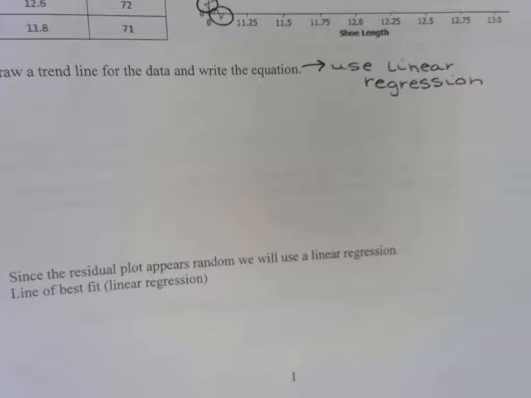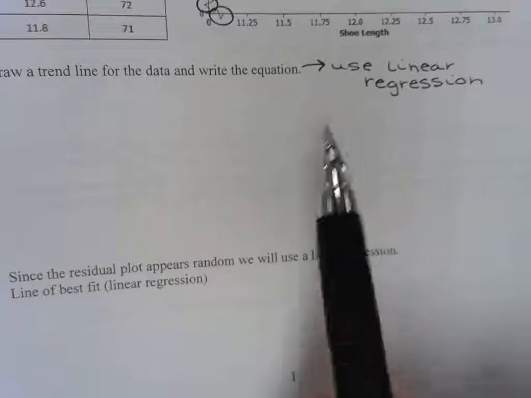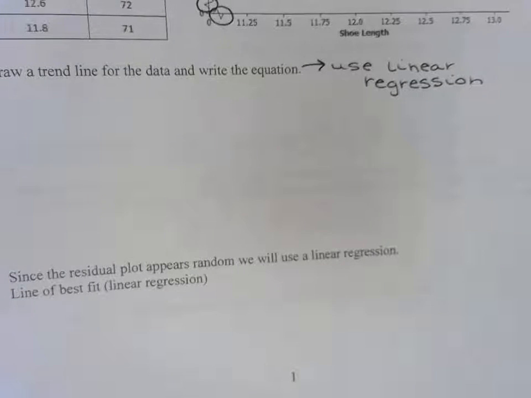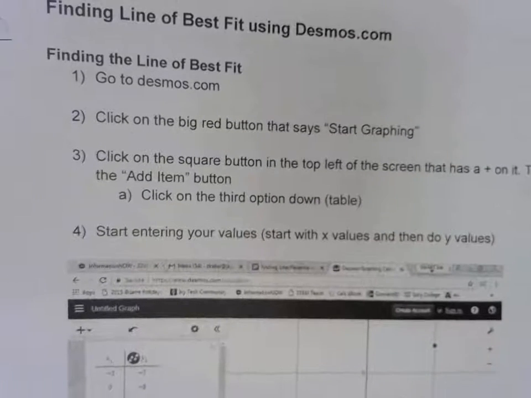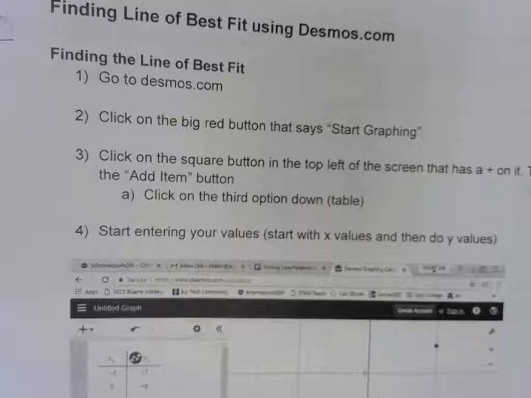It might say use linear regression, or use the regression on your calculator. We'll look at it on the homework, but you'll be able to tell when I want you to use your Desmos. So that sheet I gave you, finding the line of best fit using Desmos.com, gives you step-by-step directions. So go ahead and get your device out. Let me pull up mine real quick, and then I will walk you through this.